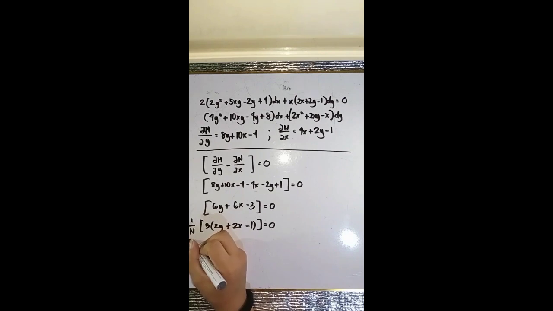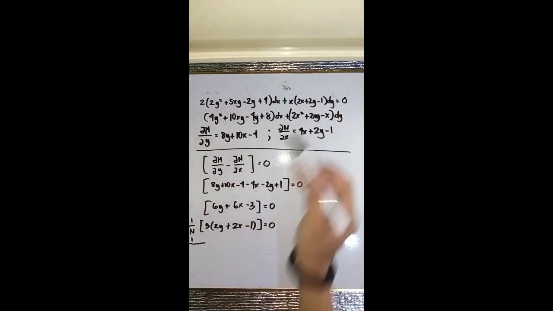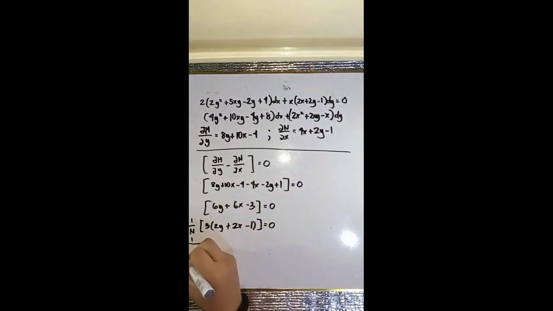So substitute the value of N, 1 over x, times 2x plus 2y minus 1.